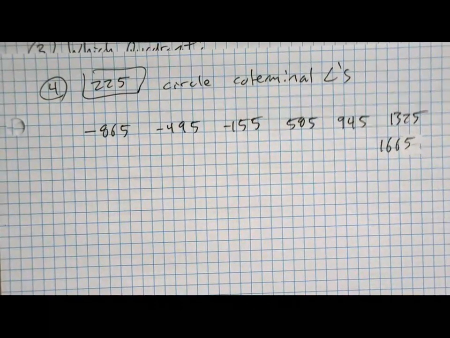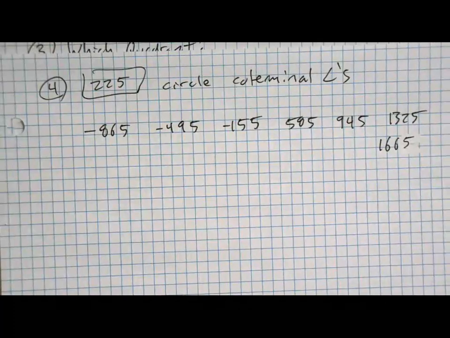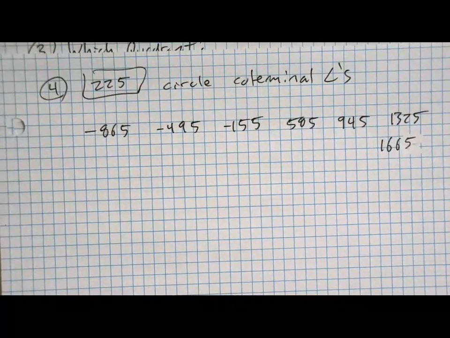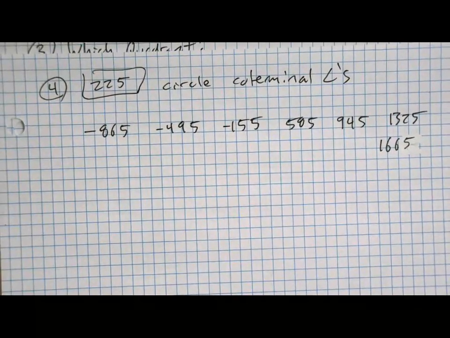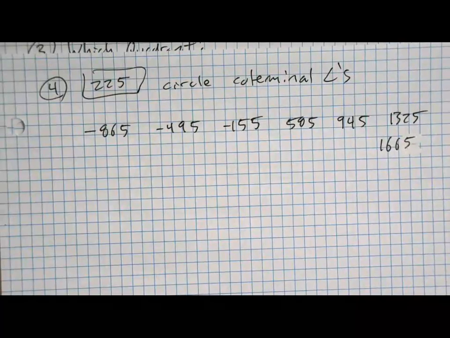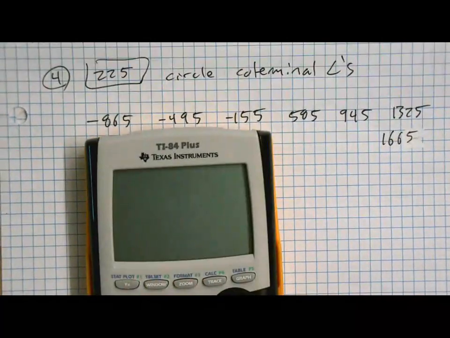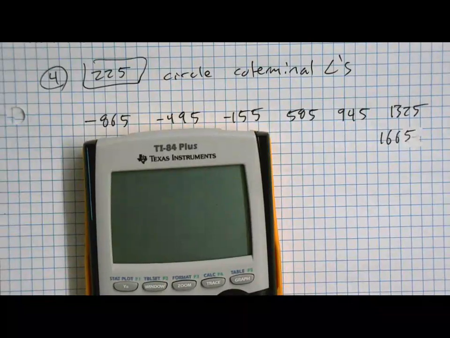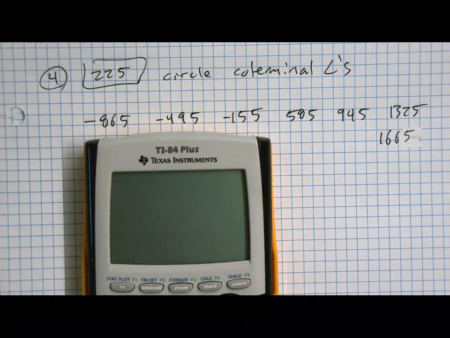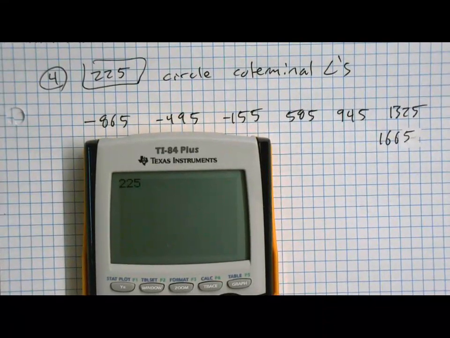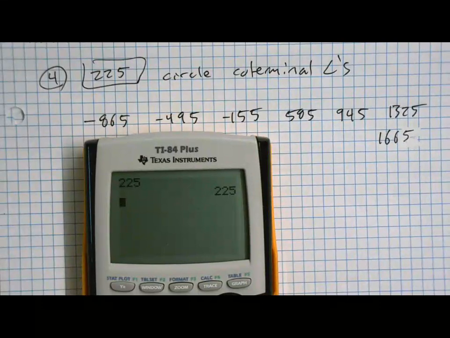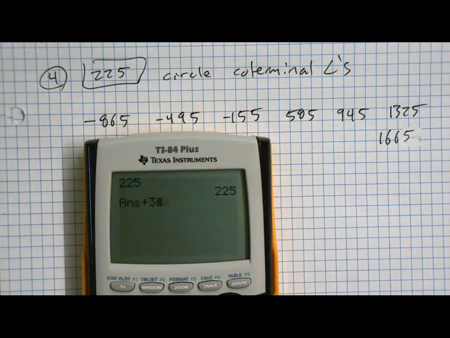There is a wonderful calculator trick you can use for this, so you don't have to keep typing plus 360 over and over and over again. Do you guys remember how that one works? Would you like a reminder? This will save you whole seconds of your life. Go into your calculator, type in 225, hit enter, and then type plus 360.